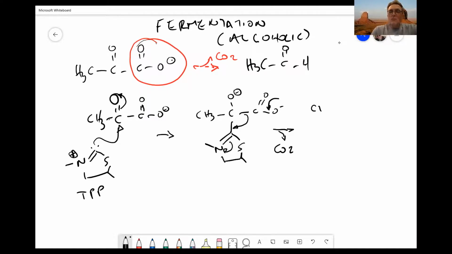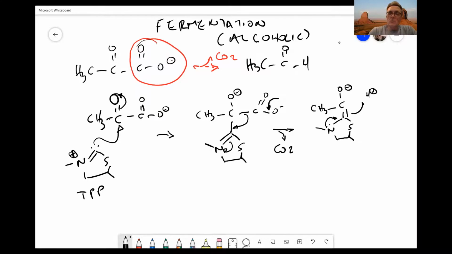And the new intermediate we're going to have is that. Sorry, that way. So that's going to be a double bond. All right. Now, in the next reaction, that's going to come here and pick up a proton.